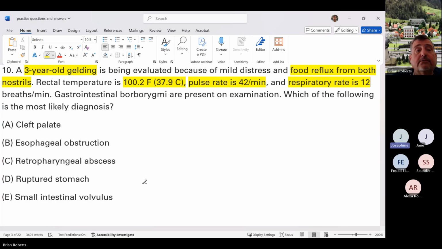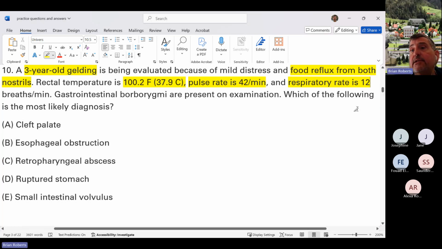I think with the presence of food in the reflux, it's making me think esophageal obstruction. Food reflux from both nostrils. Yeah, I'm kind of in between them, but I think it's C. Let's have a look.